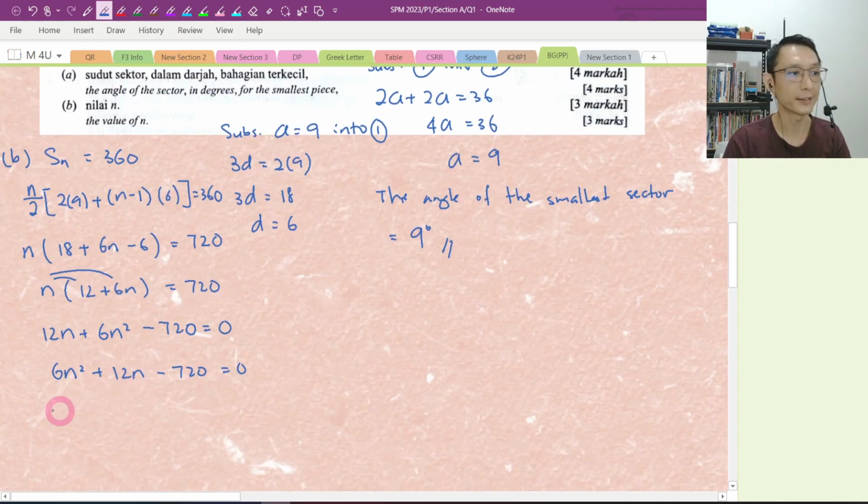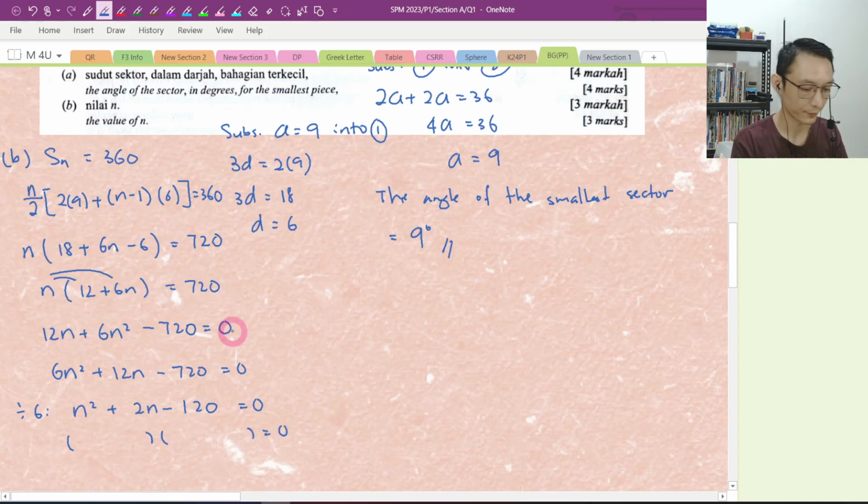So you can press your calculator, or I'm going to make the numbers smaller first. Divide the whole equation by 6: n squared plus 2n minus 120. Okay. Let me use my calculator to help me do the factorization. n minus 10, and another one will be n plus 12.